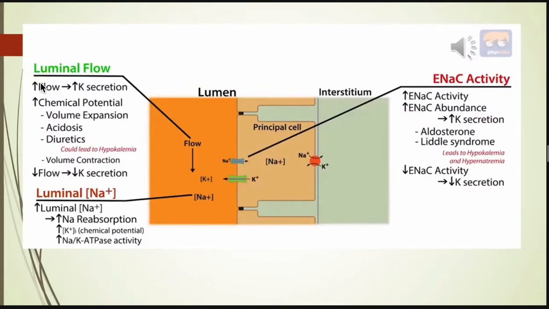There are three main factors that can affect the secretion of potassium in the kidneys. These are your luminal flow, your luminal sodium concentration, and your sodium channel activity. Luminal flow: if there is increased luminal flow, there is also increased potassium secretion, and the vice versa is also true.